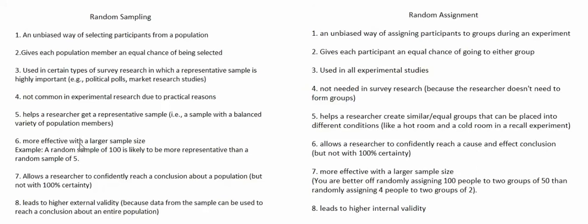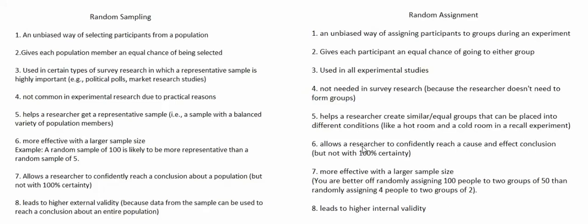If you randomly sample 2 people, you might just get 2 18-year-old males, and you don't have a representative sample at all. But if you take 100, you're not likely to get 100 of one type of person just by chance. You're more likely to get some of each type of person.